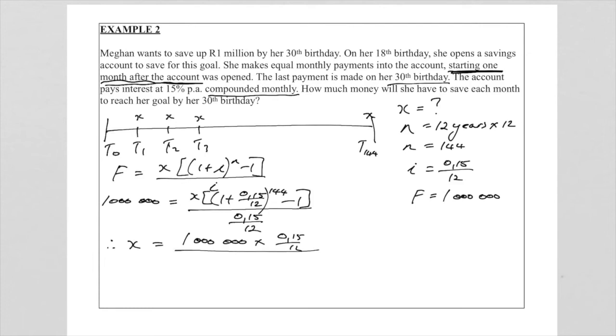This is now this part below the line. Divide by that whole bracket next to X. So that is 1 plus 0.15 over 12, exponent 144 minus 1 over that.